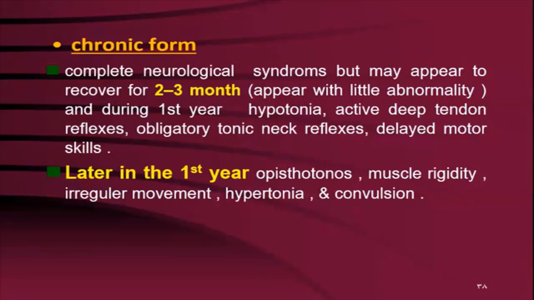During the first year, hypotonia, active deep tendon reflexes, obligatory tonic neck reflexes, and delayed motor skills appear, then opisthotonus, muscle rigidity, irregular movement, hypertonia, and convulsion.